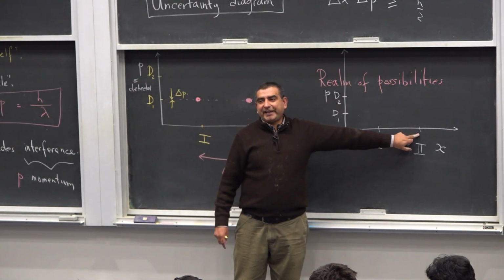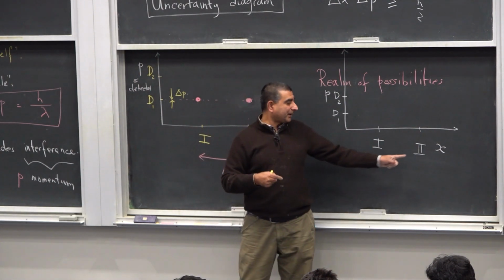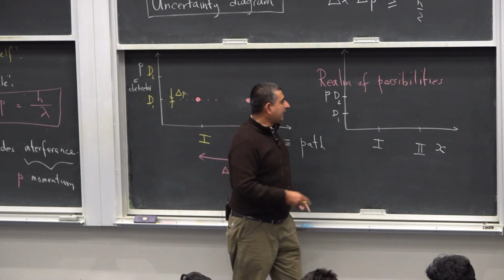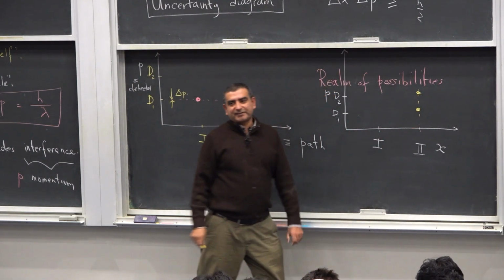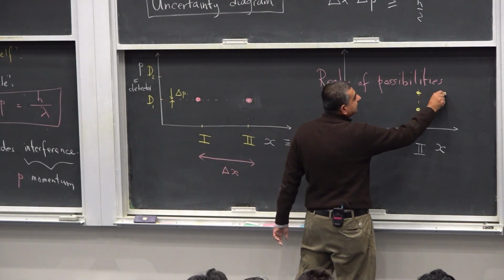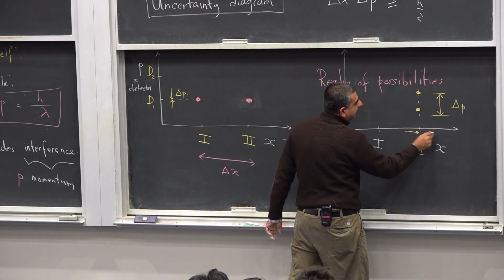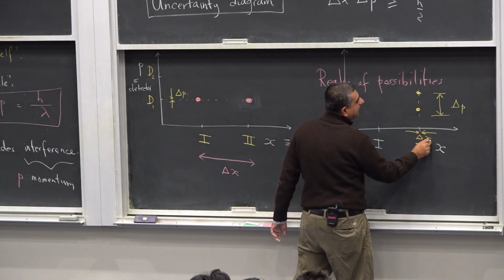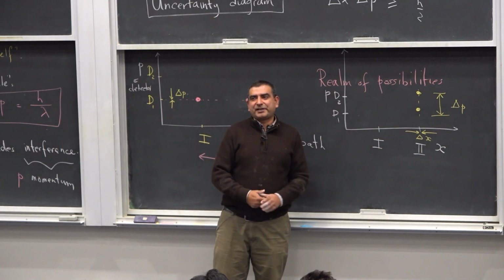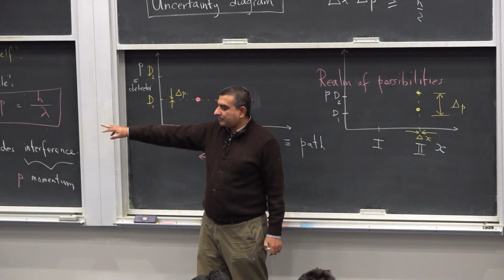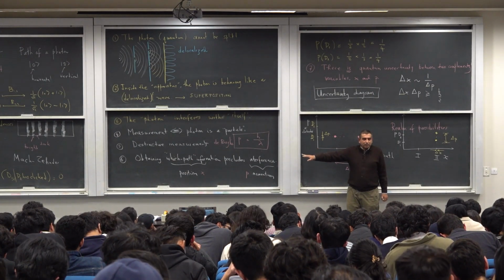However, when it takes the path 2, which means detector D3 has not clicked, I'm certain about the path, but I'm totally uncertain about which of the detectors is going to click. So now I have a large uncertainty in the momentum, but a really tiny uncertainty in the position. So this is an uncertainty diagram representation of the diagram that I have drawn at the bottom part of the blackboard.